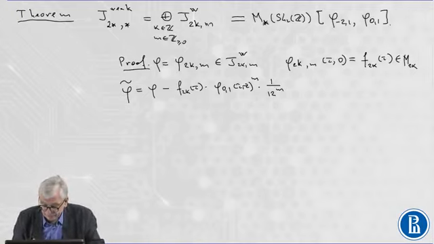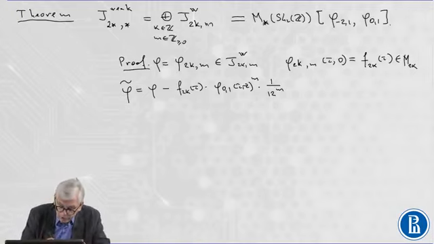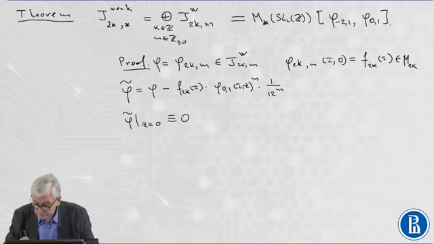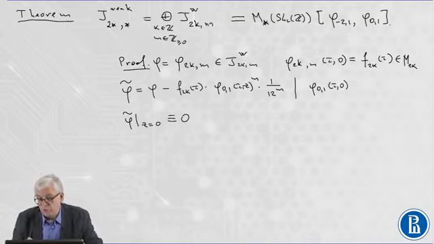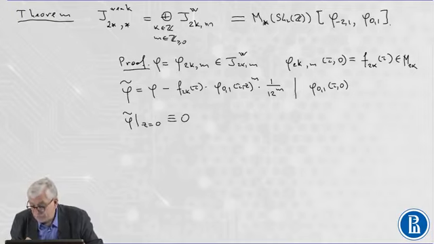What function do we have? This function for z equal to 0 is equal to 0 identically. Why? Because the zeroth value of our function phi 0,1 at z equal to 0 is a modular form of weight 0.